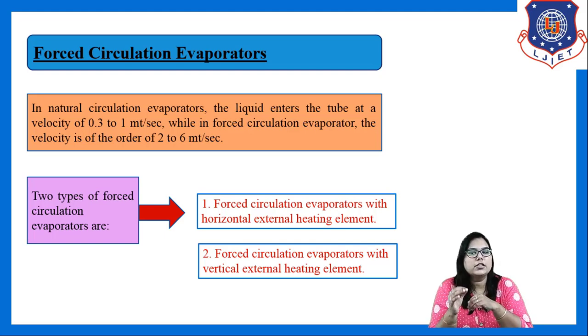Just as you can see in the name, the difference is the horizontal versus the vertical external heating element, but the basic method of working in both evaporators is the same.